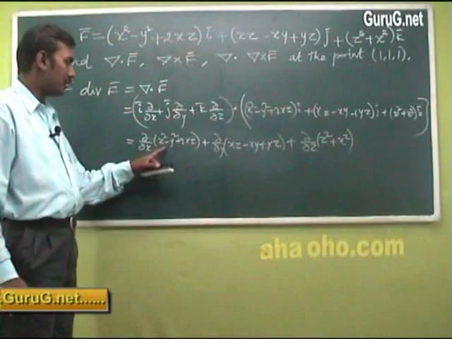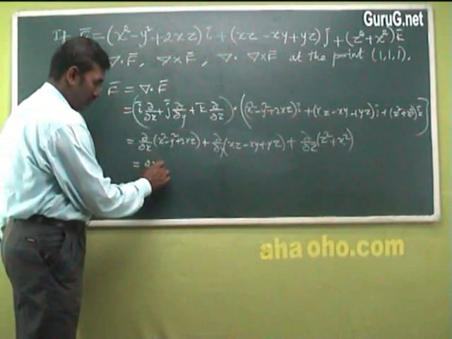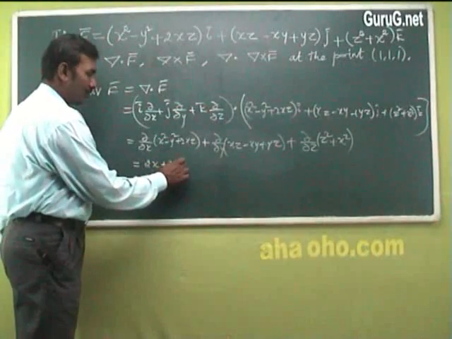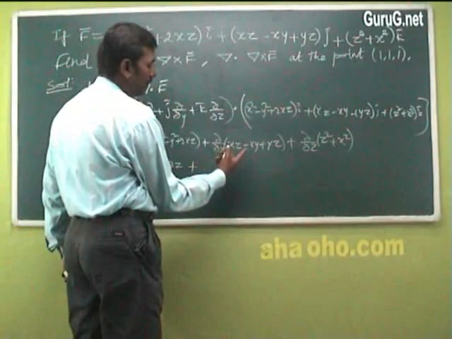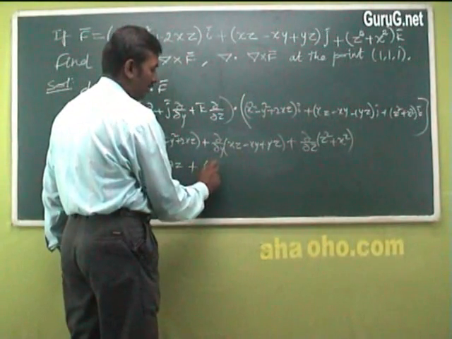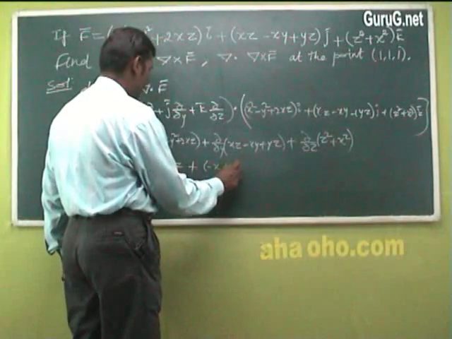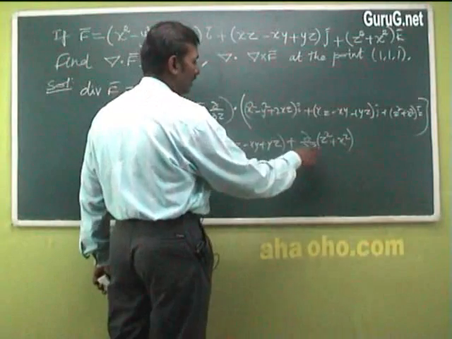Differentiate partially with respect to x, you get 2x plus 2z, plus differentiate partially with respect to y, you get 0 minus x plus z, and plus dou by dou z of this.